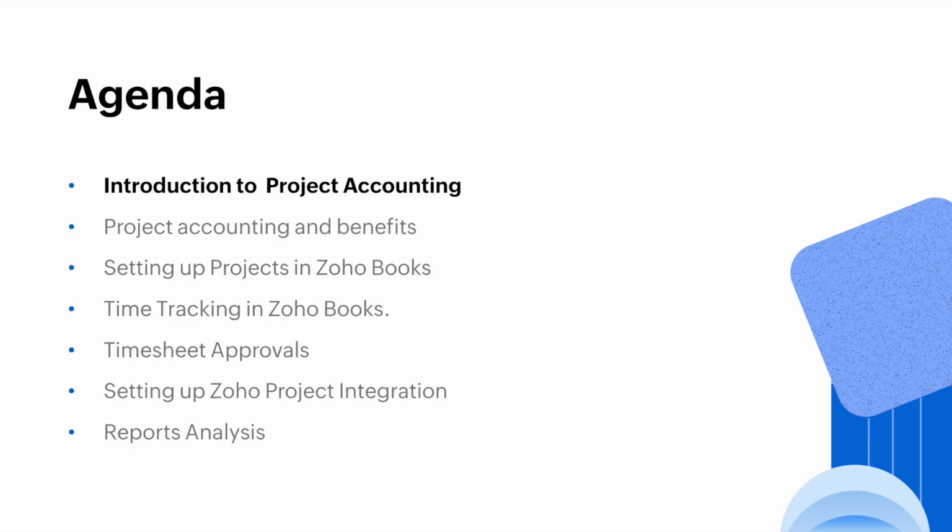So what is project accounting? Project accounting focuses on the financial transactions related to managing a project, including their costs, billing, and revenue. Now you might wonder, what is the difference between standard accounting and project accounting? Project accounting helps us to focus on a particular project and handle all the costs and revenue related to that particular project.